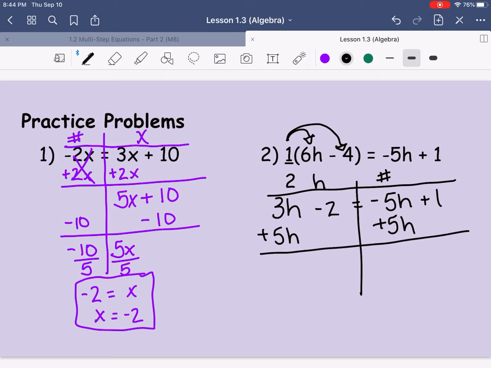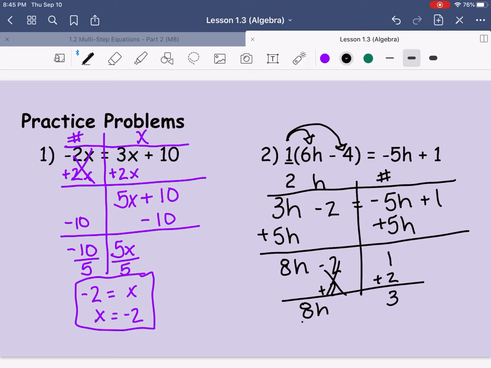So now I have 8h minus 2 equals 1. I need to move what doesn't have a variable, this guy, over to the other side. So what's the inverse of -2? That's +2. So I have 8h and 3.